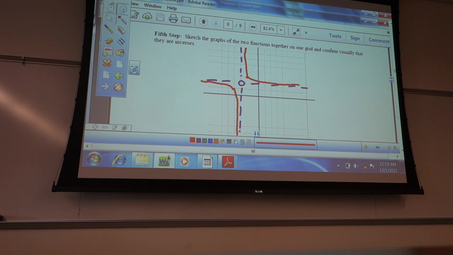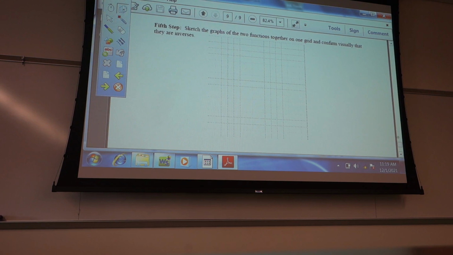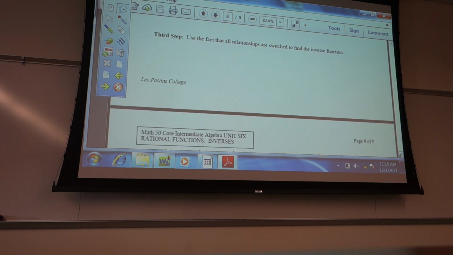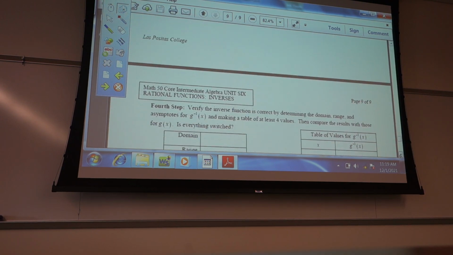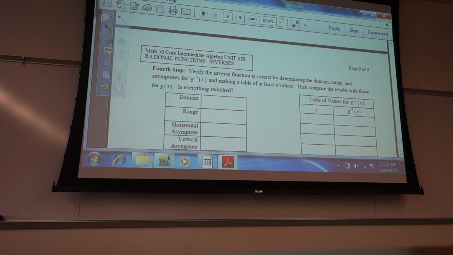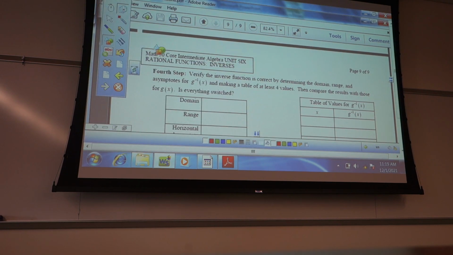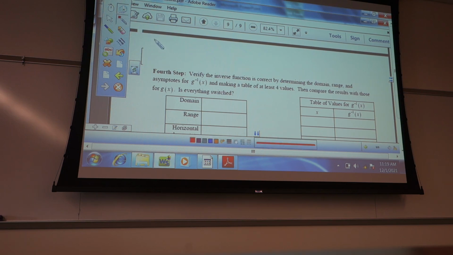Now then we want to take a look at our inverse, the third step. Step 3, inverse.